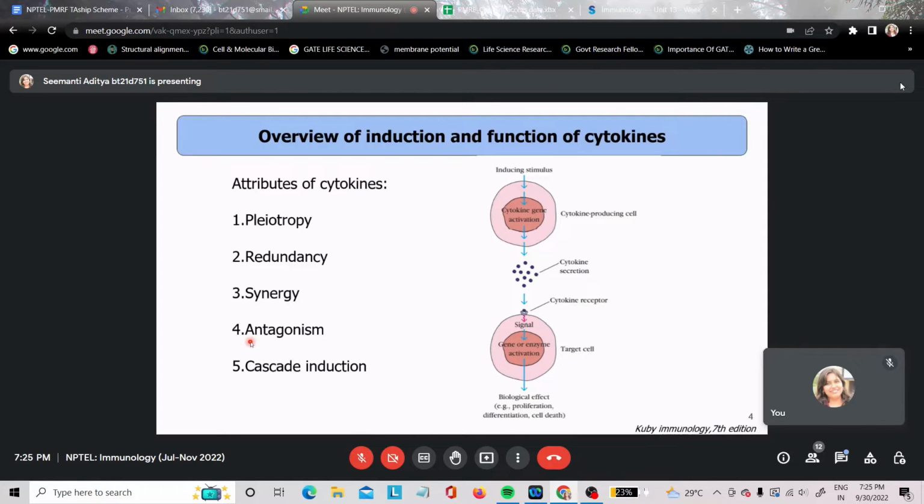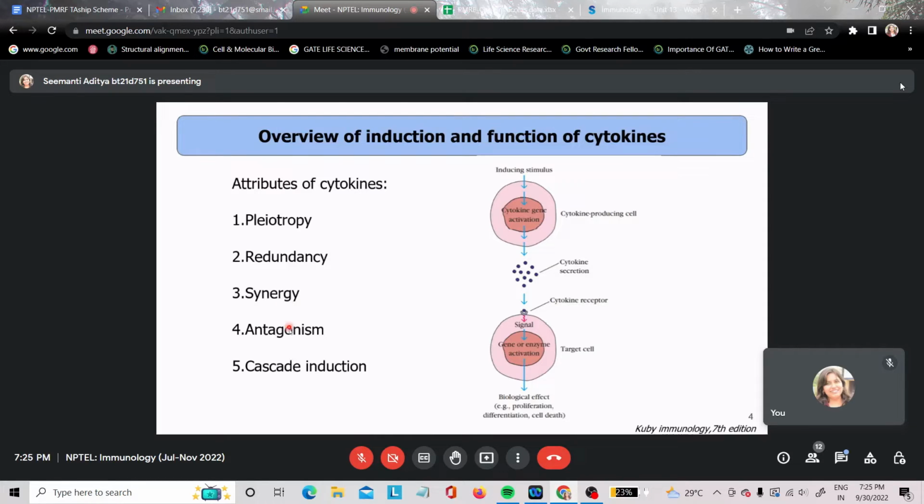So IgM then gets switched to different types of antibodies, IgA, IgE, IgG, etc. That is known as class switching. And IL-4 and IL-5, these interleukins, help together to carry out this class switching of B cells.